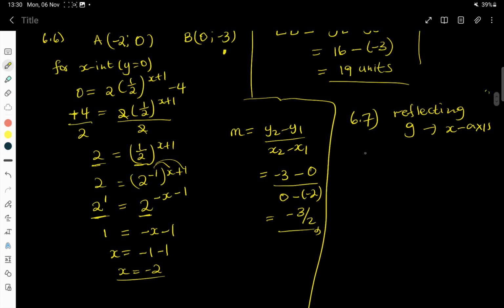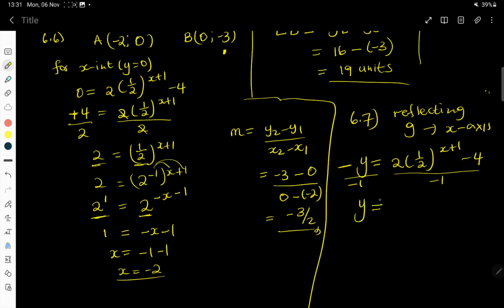Let's write it. y equals 2 (1/2)^(x+1) minus 4. When we reflect it about the x-axis, we just put a negative in front of y. If they say reflect G about the y-axis, we're going to change the x and make it negative, but that's not the case. So when you put negative here, make sure you divide by negative 1 both sides so that it becomes positive.